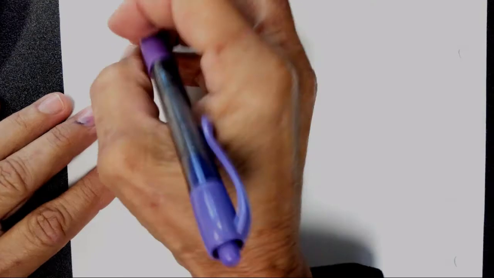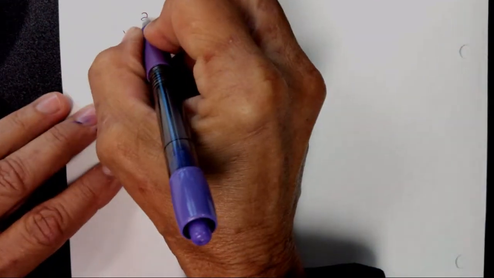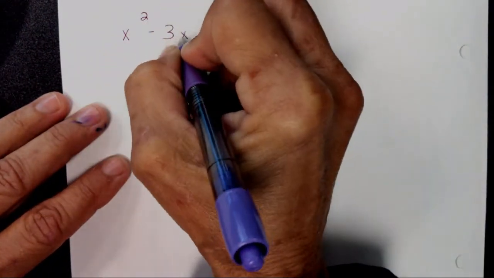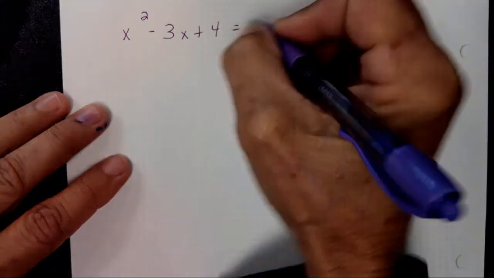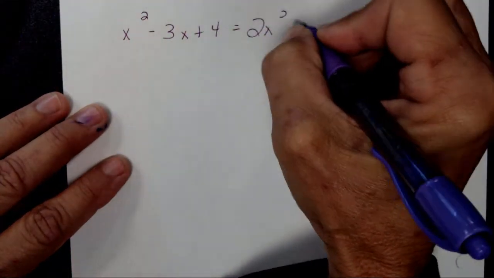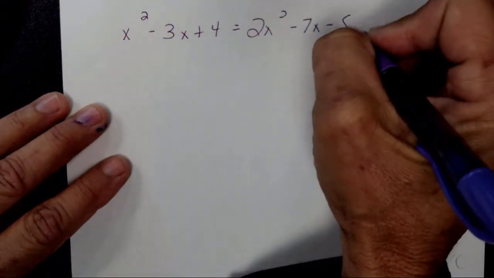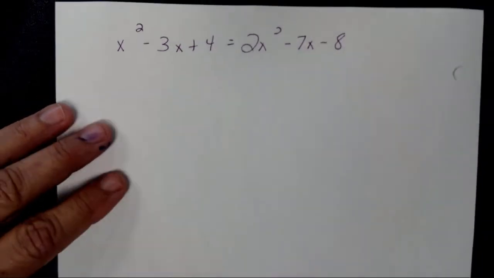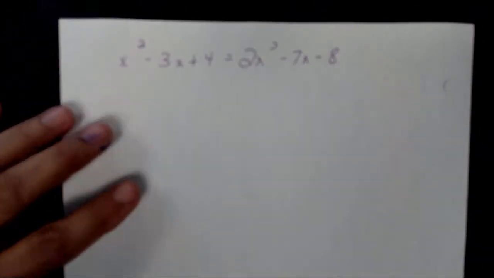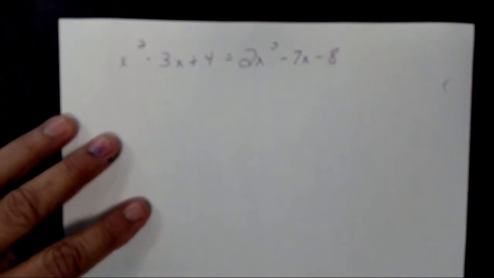All right, so I want to solve 36. What kind of equation is 36? A quadratic. So what's the first thing I want to do in order to solve a quadratic equation? Set it equal to 0. Can I drag everything this way?